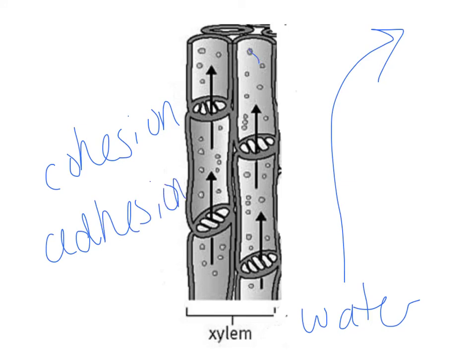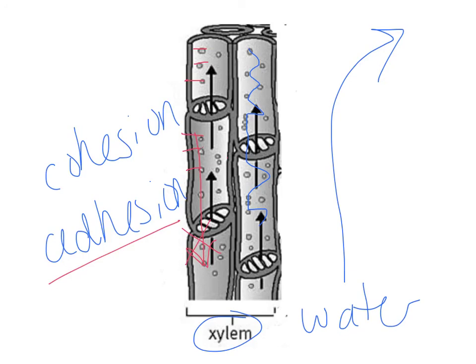So I basically get a chain of water molecules that are going to travel up the xylem. Remember, so that's my cohesion. And then remember my adhesion, they're also attracted to the sides of the wall of the xylem. So that's going to help keep them from rolling back down. They're not going to do that because they're going to be sticking to the walls of the xylem as well as one another. And so the sun is the main driving force behind this.